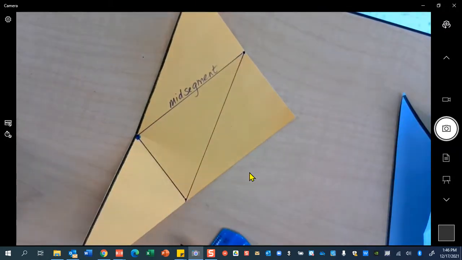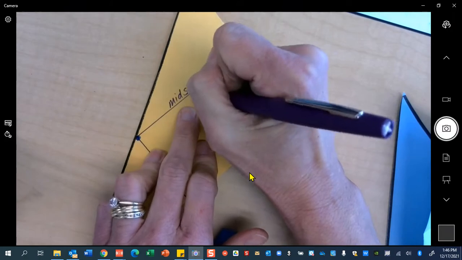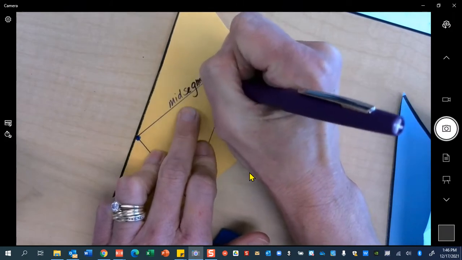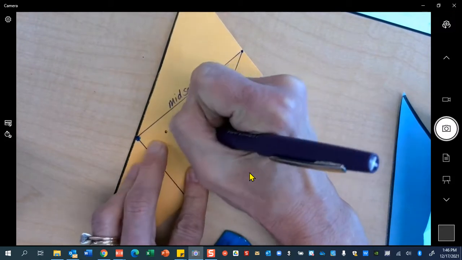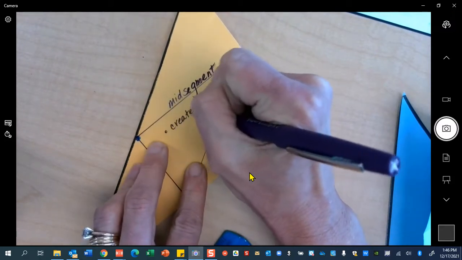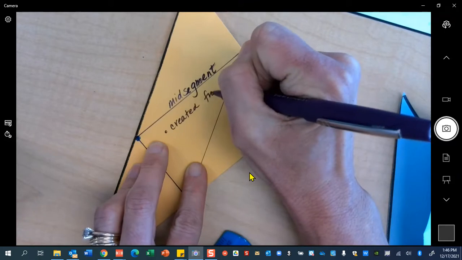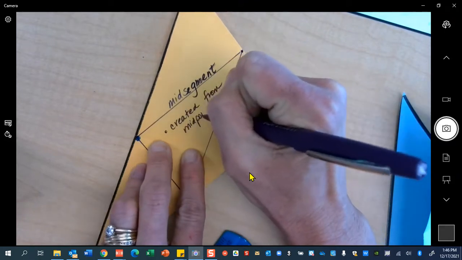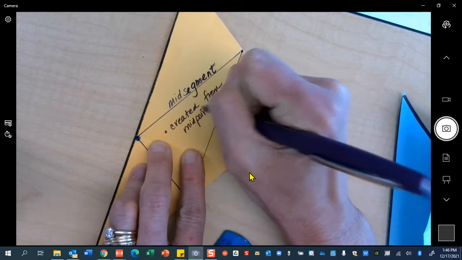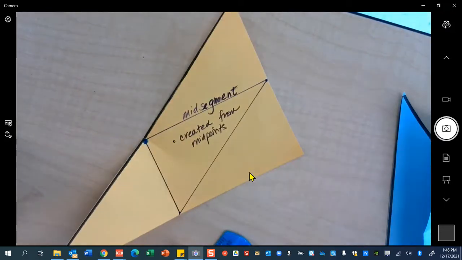Your mid-segment, you will be excited to share and declare, has some pretty cool features. One of the features of your mid-segments, of course, is that it is created from your midpoints of each side.